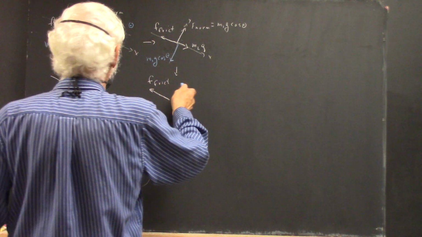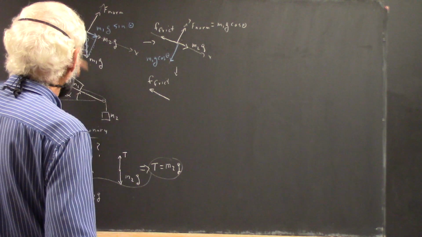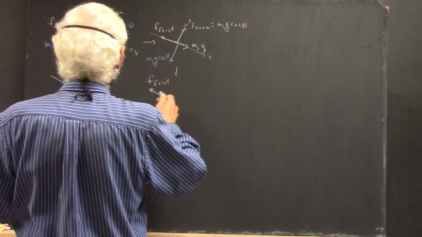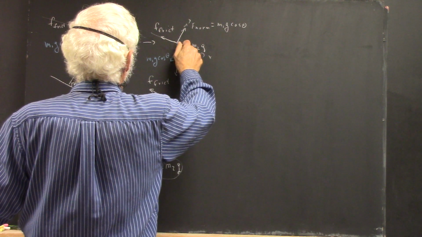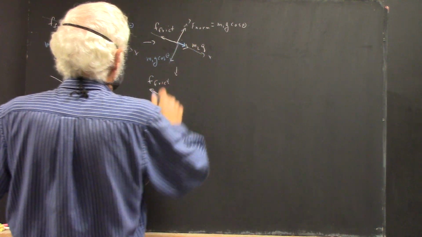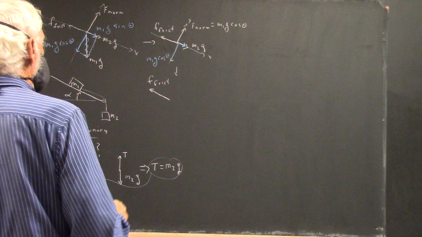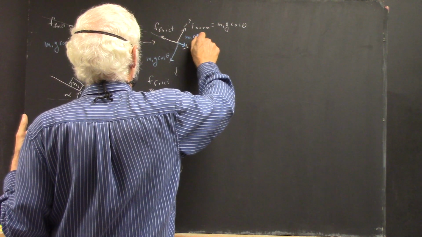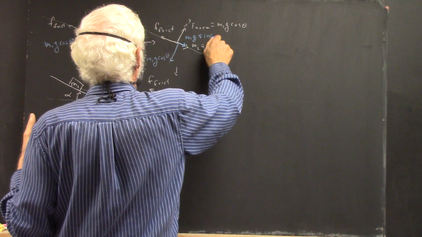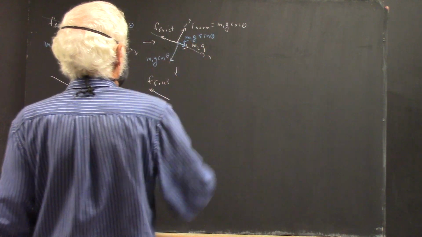I had my M2G here, and I did not include my horizontal component here, the horizontal component of the gravitational force, which was M1G sine theta.